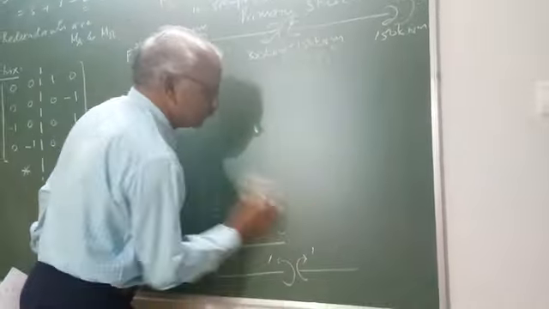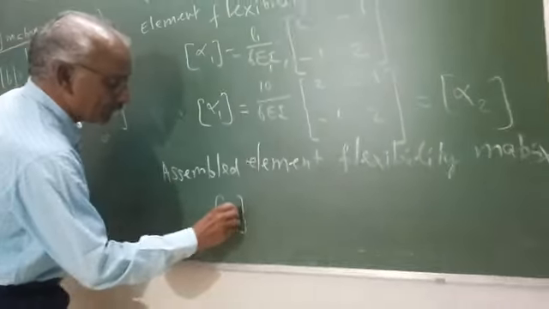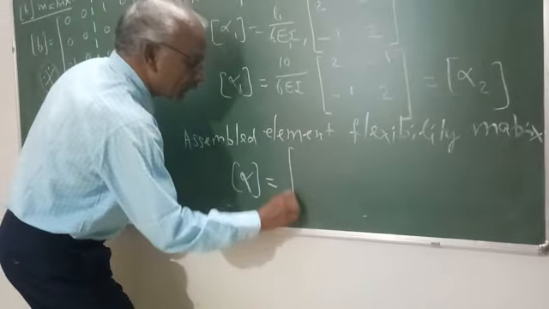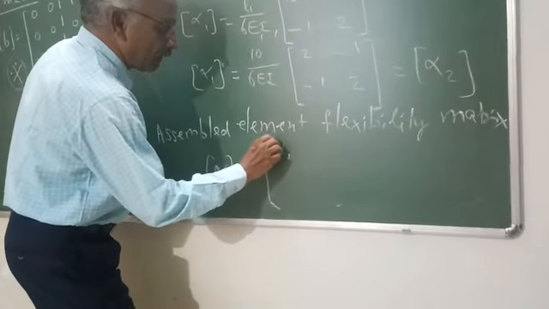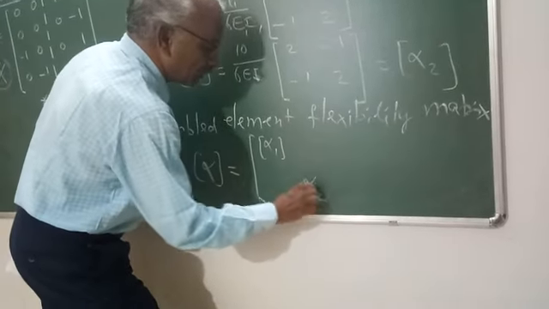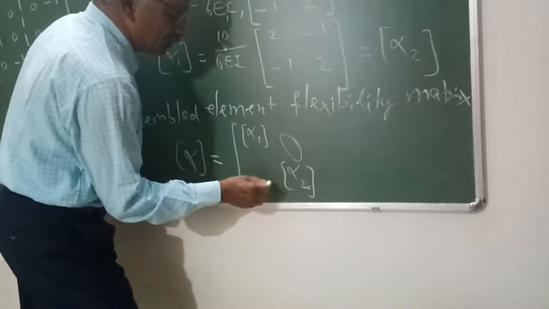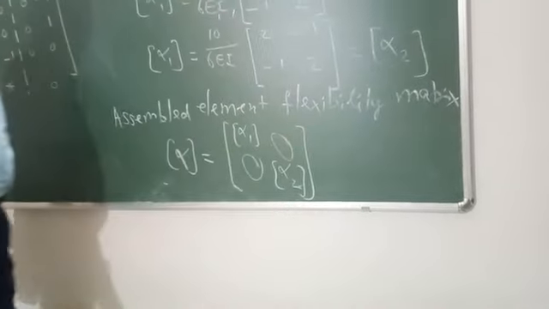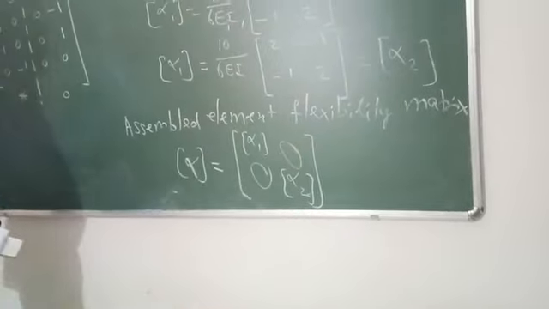Now, we have to form the assembled element flexibility matrix, which will be alpha 1, alpha 2, 0 and 0. Since alpha 1 is equal to alpha 2, 10 by 6EI is common.